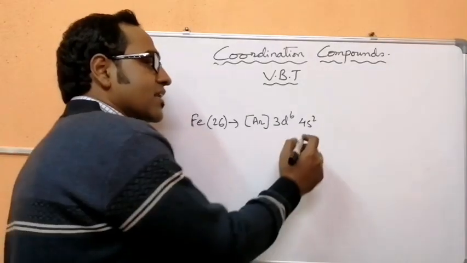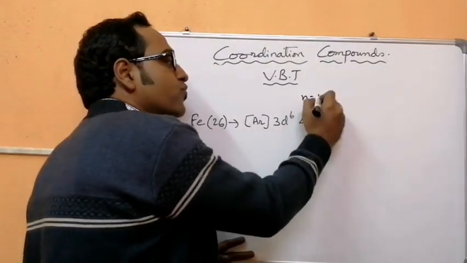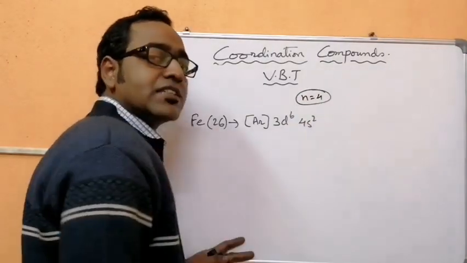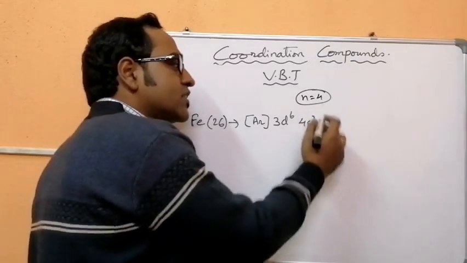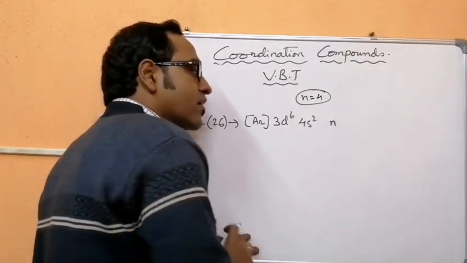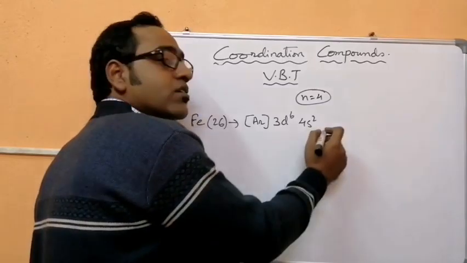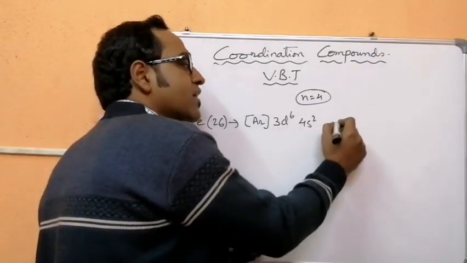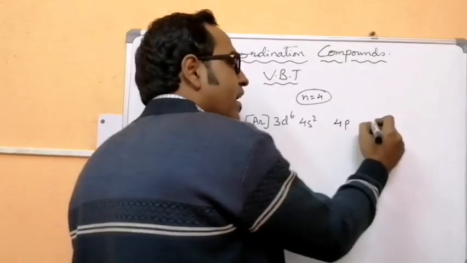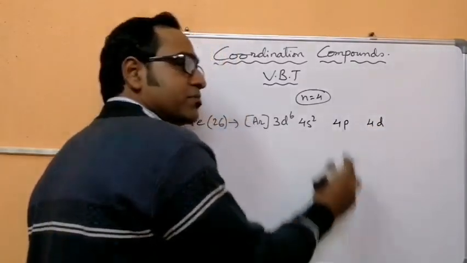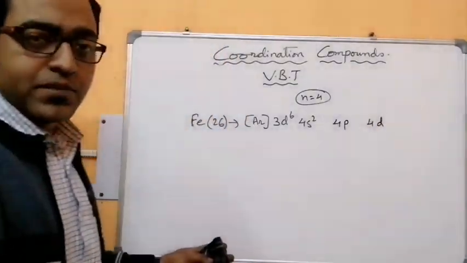Now the valence shell is n equal to 4, that is, the fourth shell is the valence shell. The fourth shell contains the ns orbital, that is the 4s orbital, the 4p orbital and the 4d orbital. These p and d orbitals are empty.